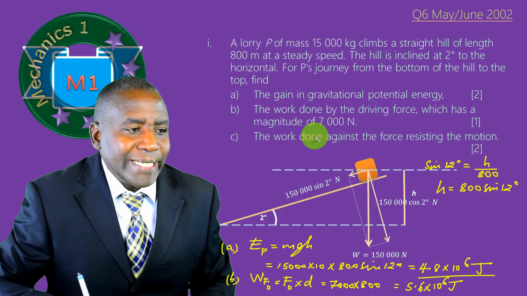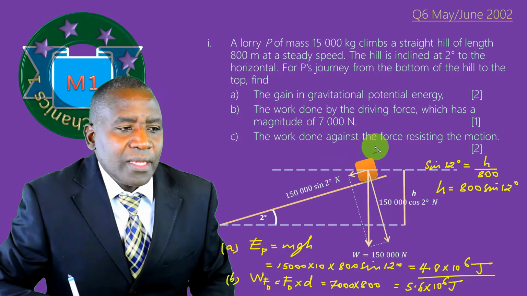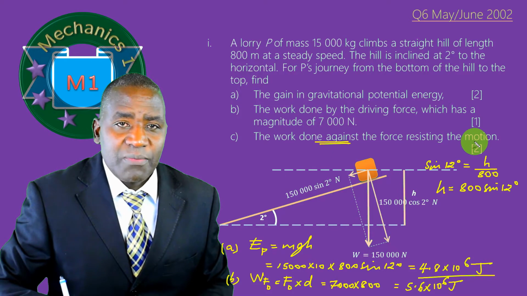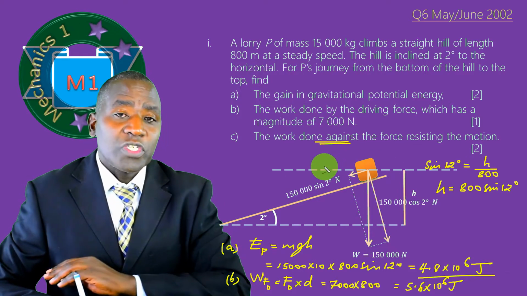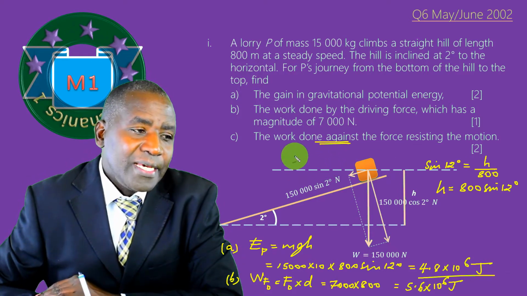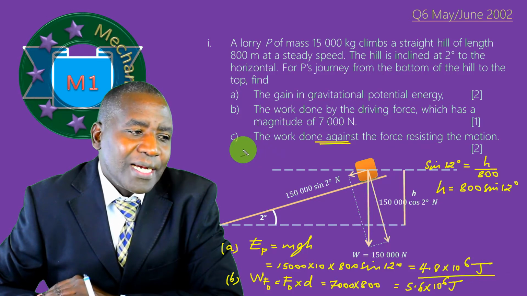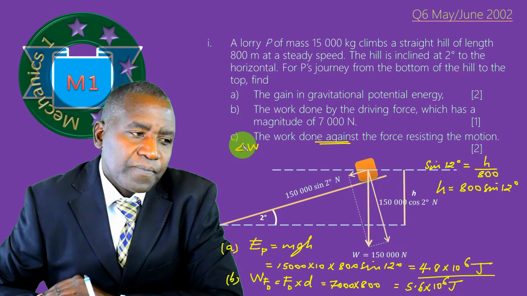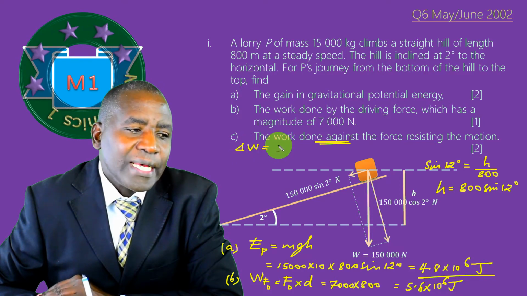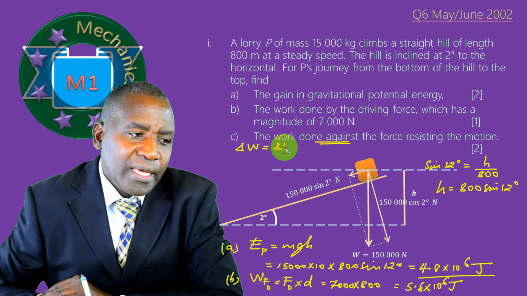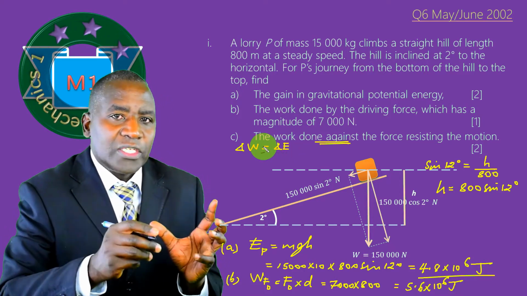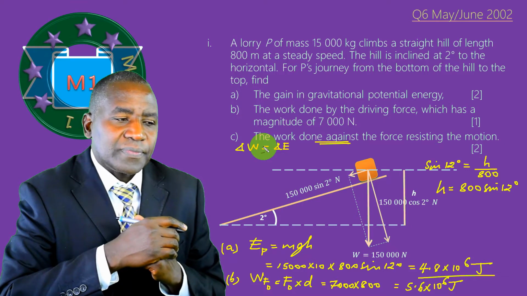And now when it comes to calculating the work done against the force resisting the motion, I use the principle of conservation of energy. What does it state? It states that the work done by the external forces is equal to gain in the mechanical energy of that system.